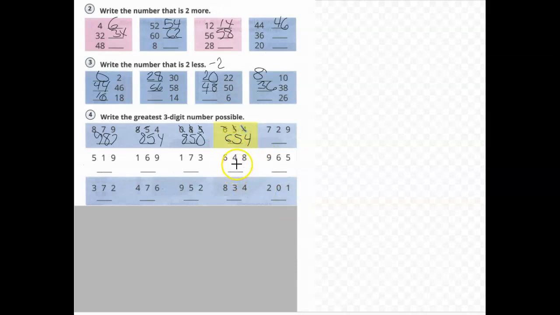If you did, you're ready to keep going. Did you get 972? If you did, you're ready to keep going.